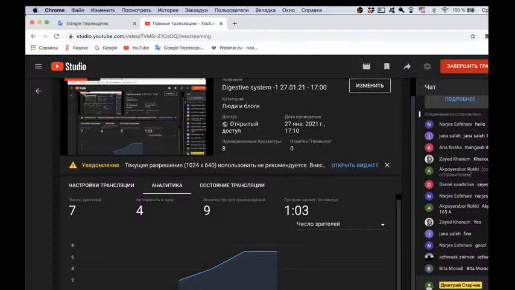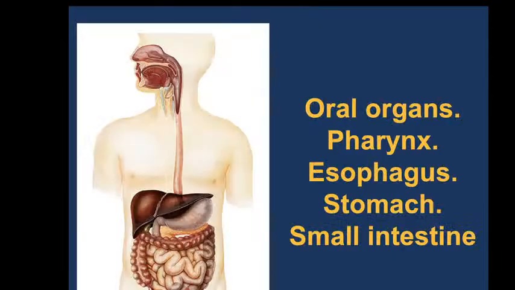Last lecture we discussed the general features of digestive organs, and now it is time to study some organs in more detail.